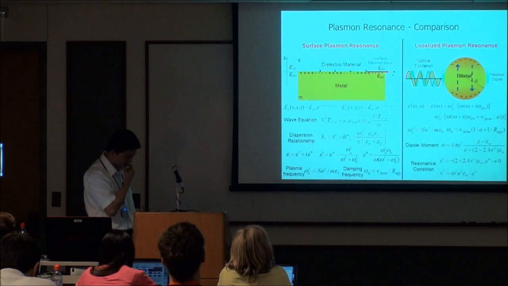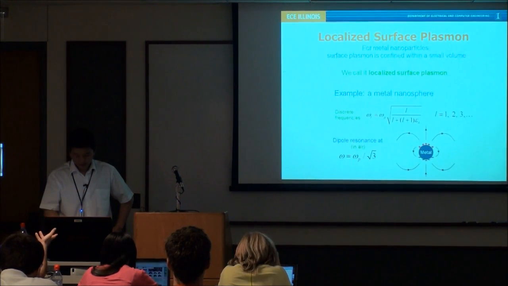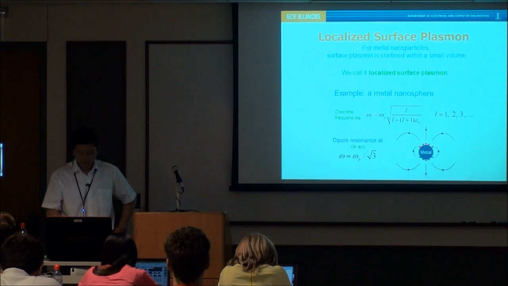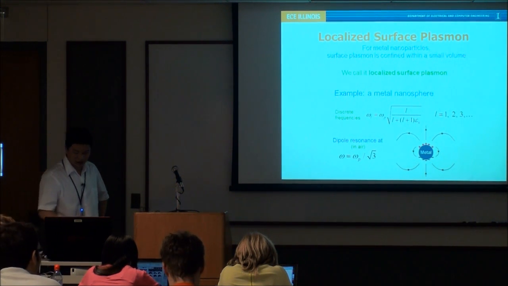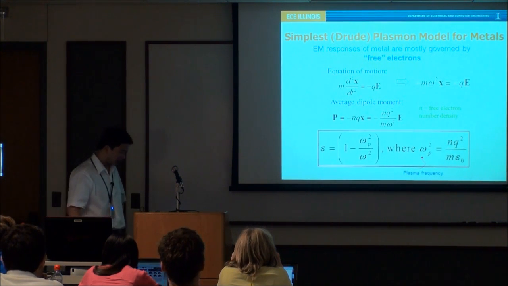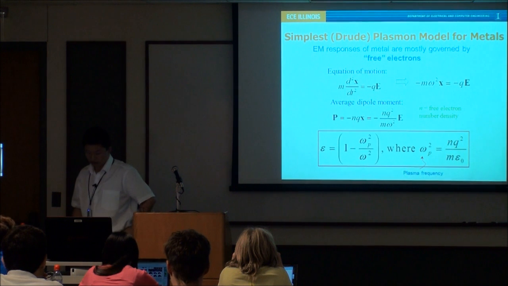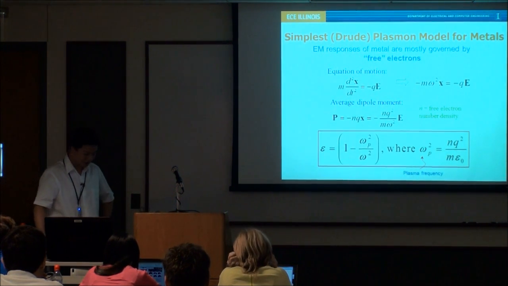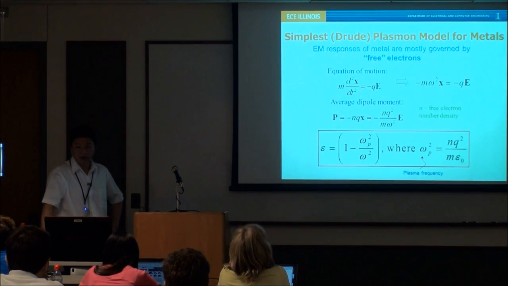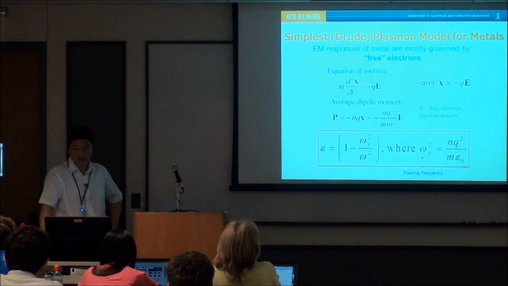Yeah, that's actually a very good question. At 10 nanometers, you have maybe a few hundred atoms. So this is all based on Drude models. The Drude model assumes your particle is much smaller than the wavelength, but not that small, not as small as a few atoms or something like that.